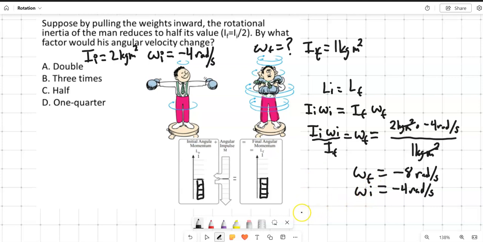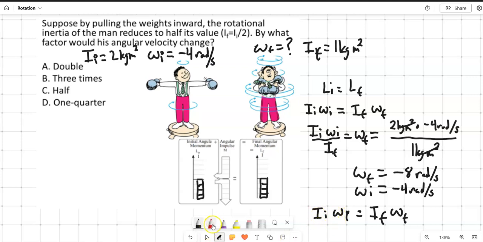And the reason is that the initial angular momentum has to be equal to the final angular momentum, and this number in total, when we compute it, would be negative 8 kilogram meter squared per second.